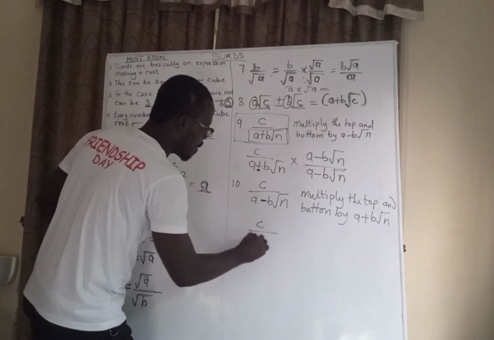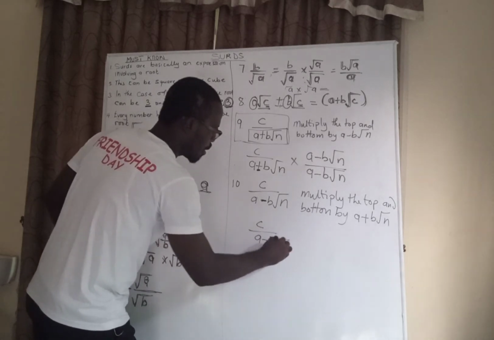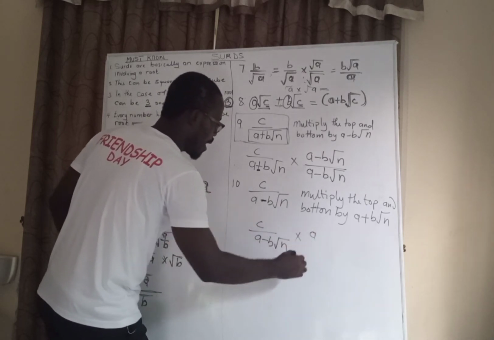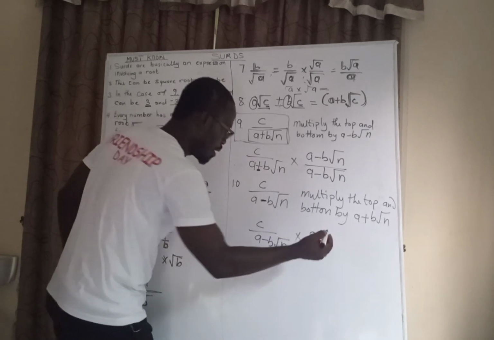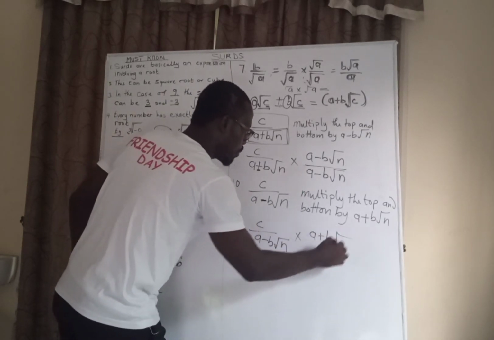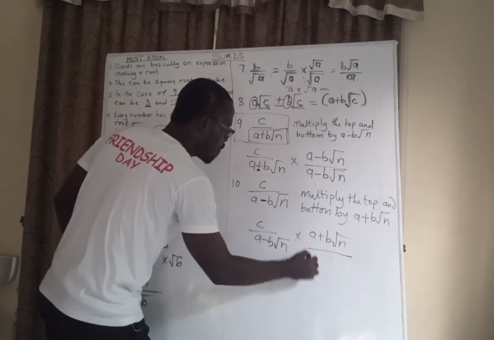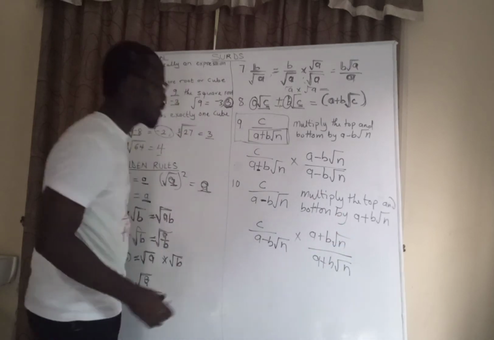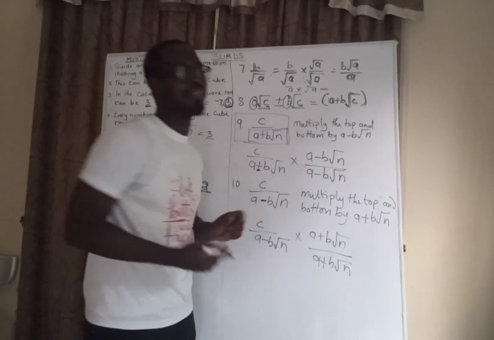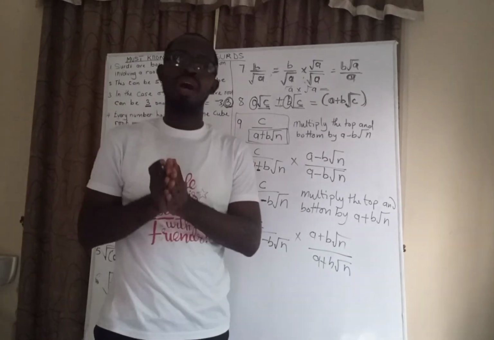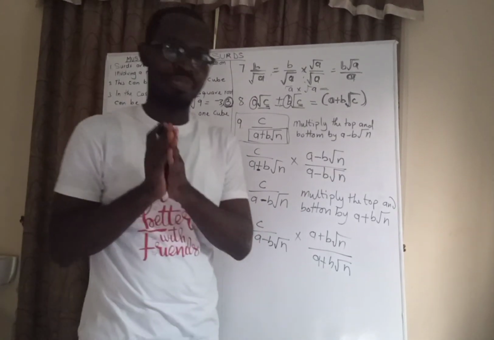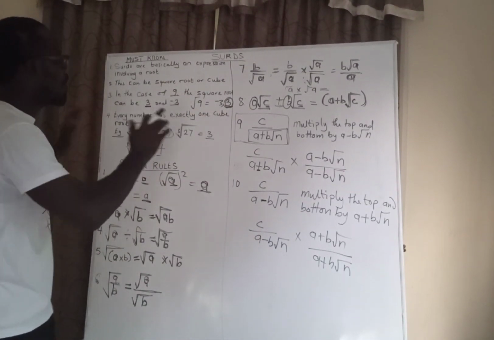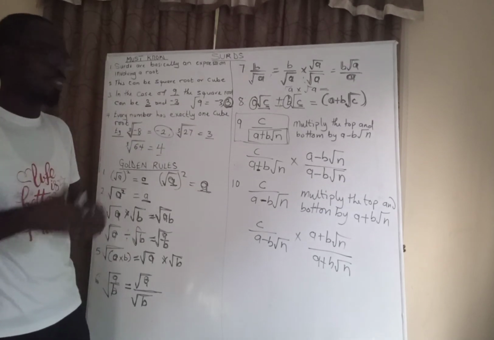So C over a minus b, the square root of n, we will multiply by a plus b, the square root of n, all over a plus b, the square root of n. If you are able to write this, then I am sure you are on your way to getting it right. These are the golden rules, and we are going to apply them in solving problems.